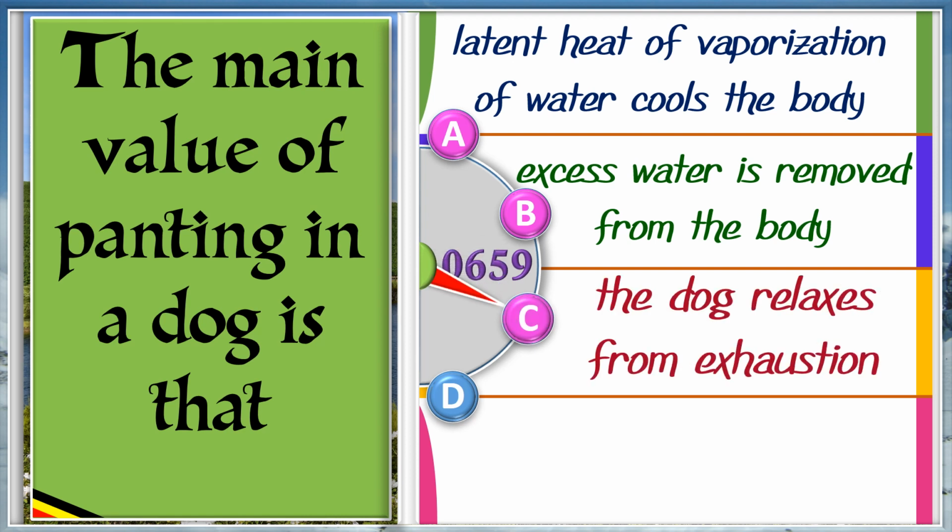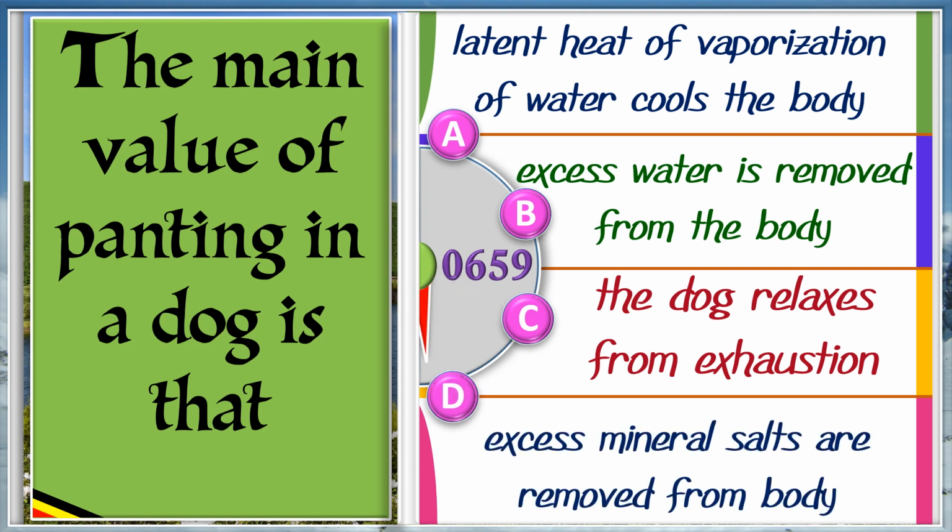C. The dog relaxes from exhaustion. D. Excess mineral salts are removed from the body. And the answer is A. Latent heat of vaporization of water cools the body.